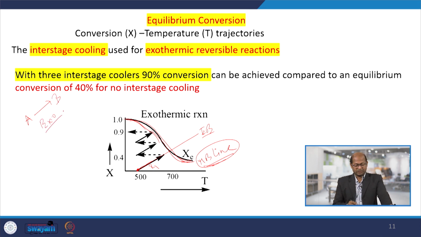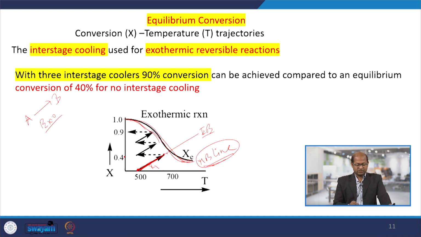Since the reaction is exothermic, with the progress of the reaction the temperature of the reacting mixture will increase gradually like this. Here conversion was very low, and here conversion was higher, 40% let us say. It reaches this particular temperature.